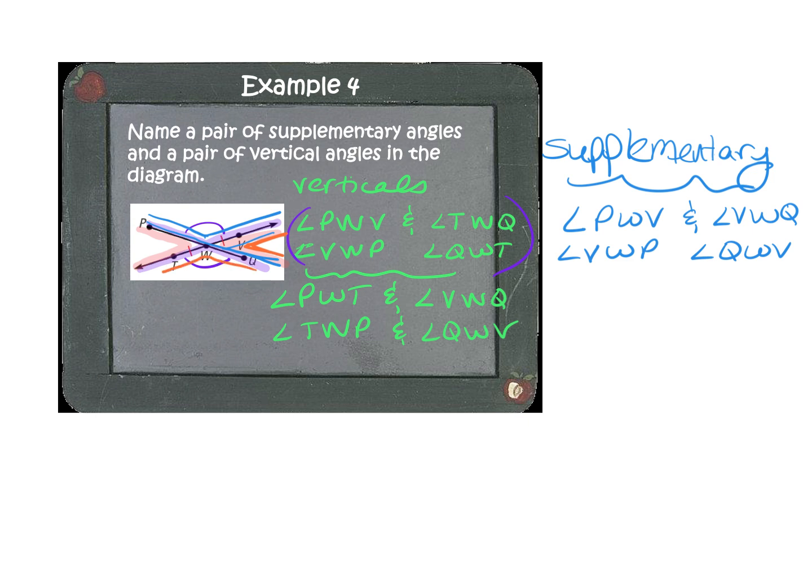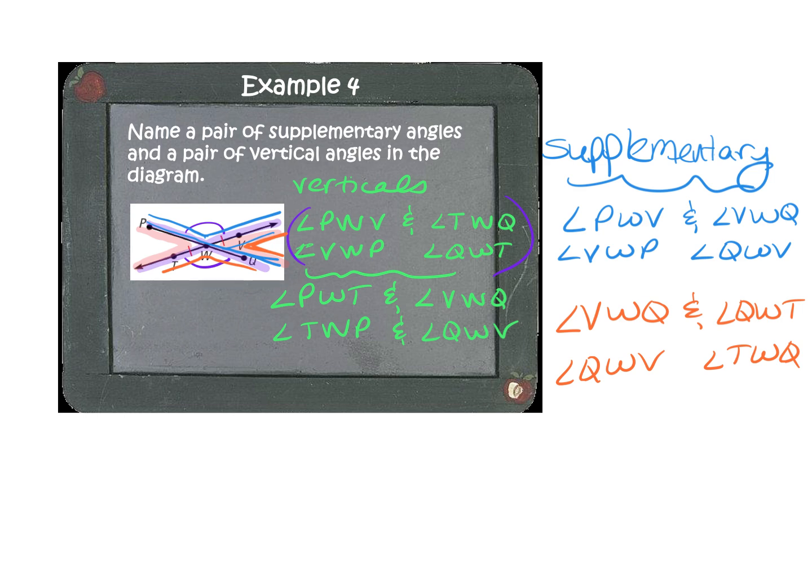I would name this one VWQ together with QWT, or in reverse, QWV, and this one in reverse, TWQ. That would be the orange ones.